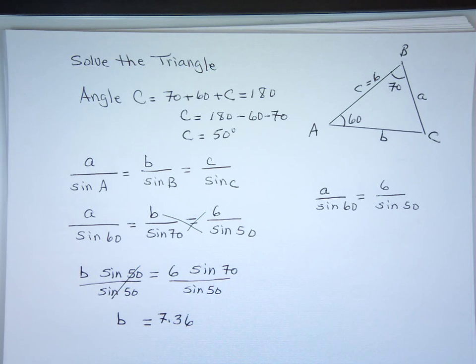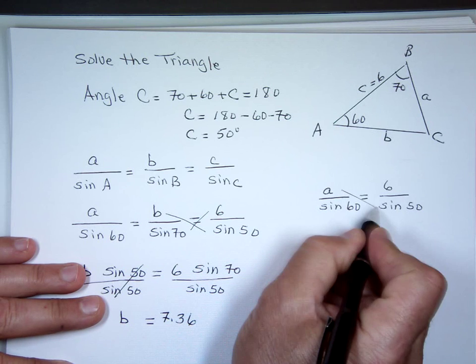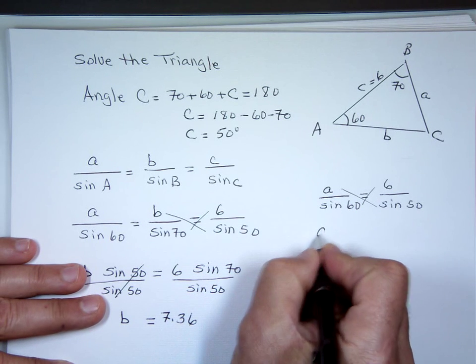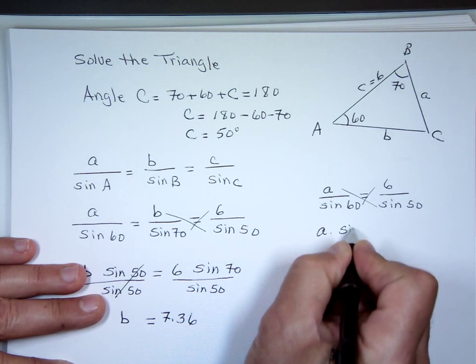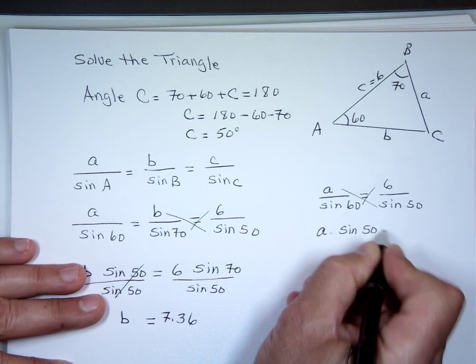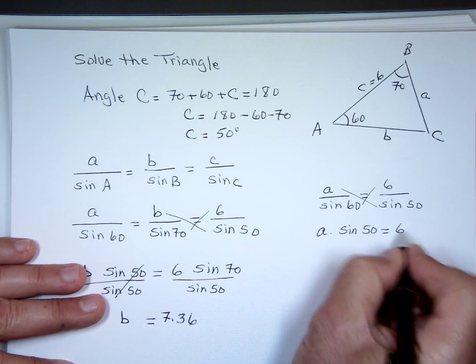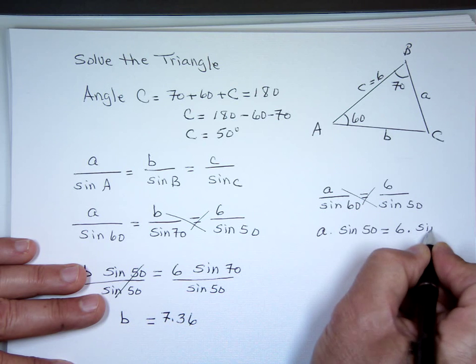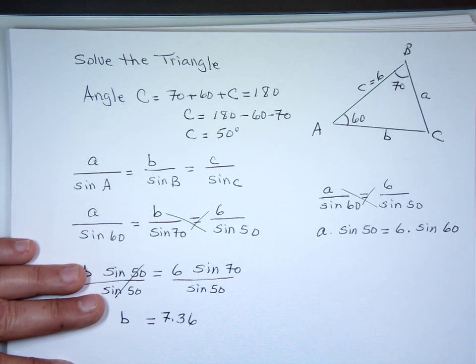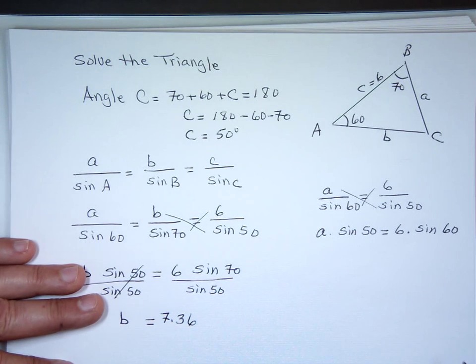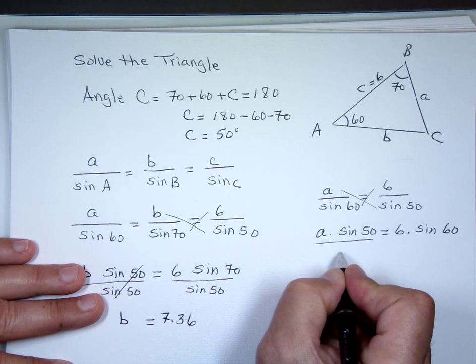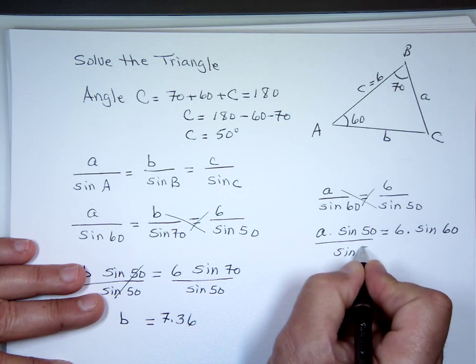How many unknowns in that? 1. Cross multiply. a times sine of 50 is equal to what? 6 times sine of 60. To solve for a, we divide by what? Sine of 50.